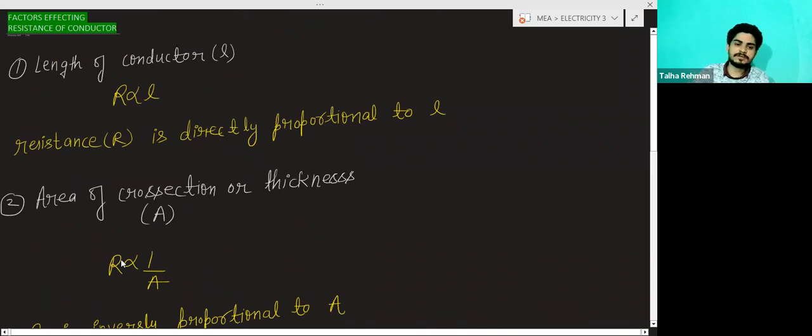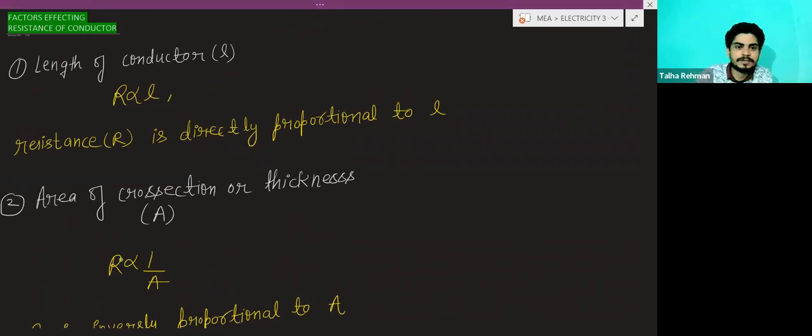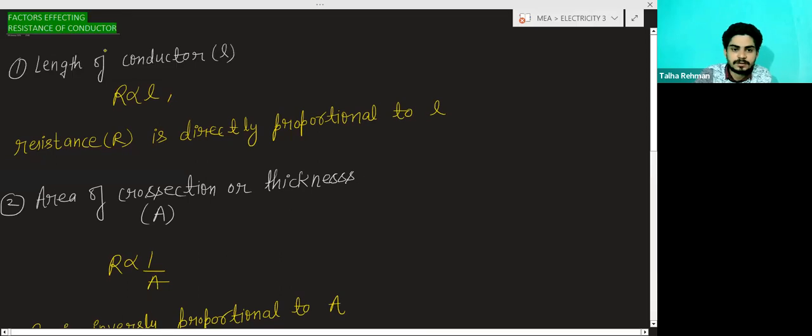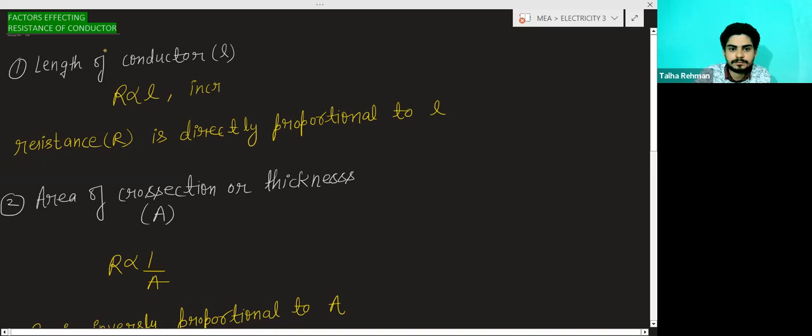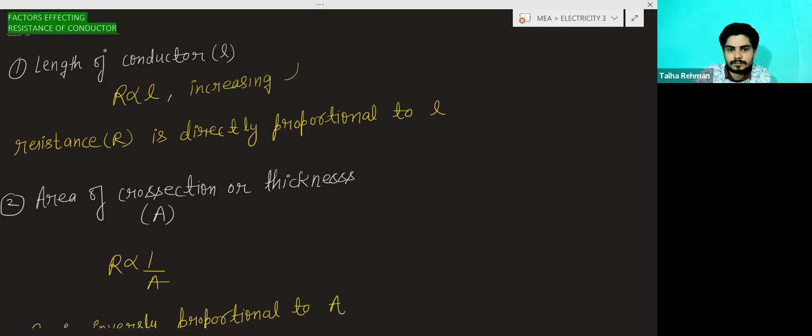Directly proportional means increasing length will increase the resistance. If you increase the length of the wire, then the resistance of the wire will increase.